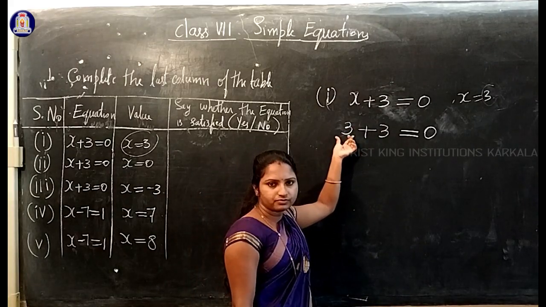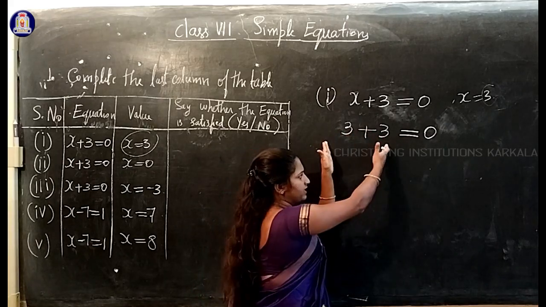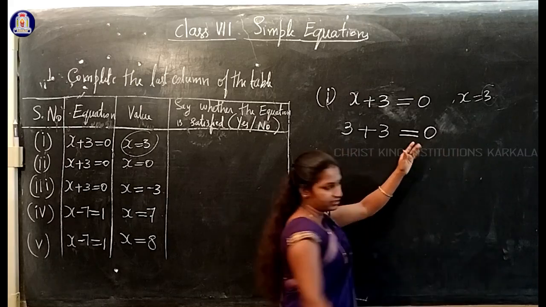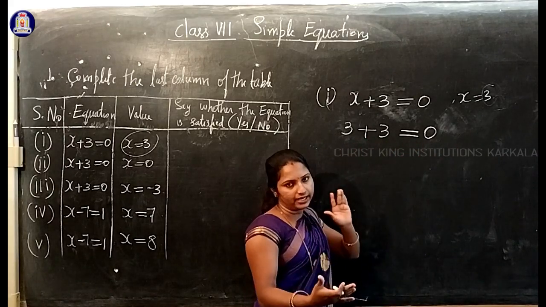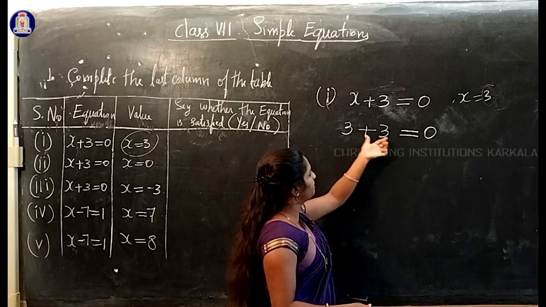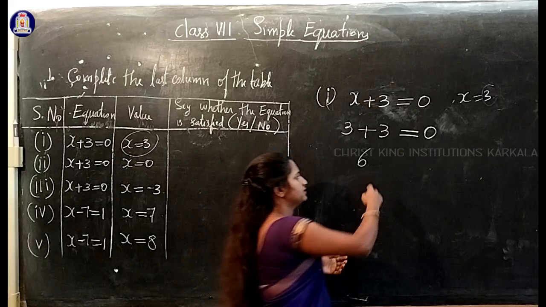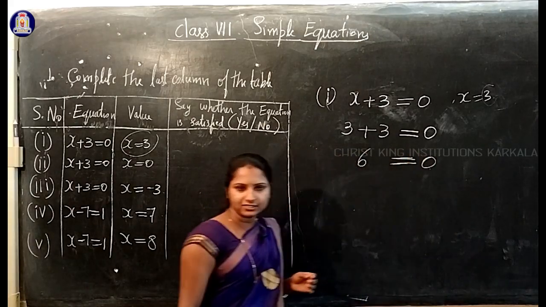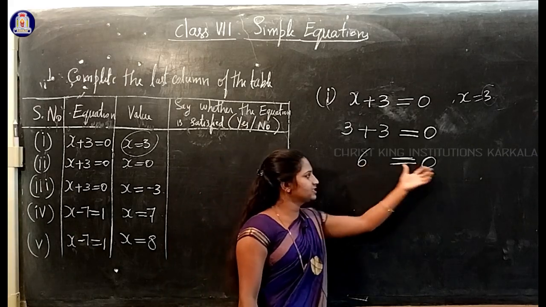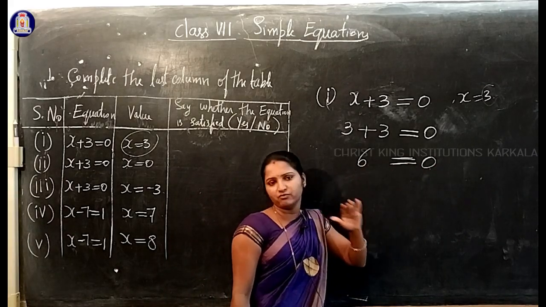So now see here, if you add 3 plus 3, this is the left hand side and this is the right hand side. You have to equate both sides. Clear? So 3 plus 3 is 6. 6 is equal to 0. Is this equation balanced? No. Here it is 6, here 0. Balanced means both sides should get the same value.